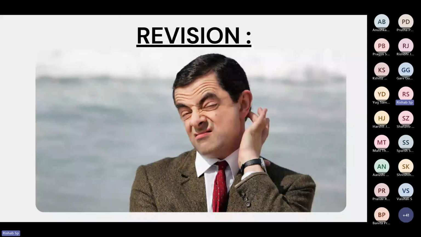I think I've revised everything: linear regression and the assumptions of linear regression. I'm saying again, the assumptions are so important. It's a theory concept, and you may get 5 options, where 4 are assumptions and 1 is wrong, and you might be asked to find the wrong one.